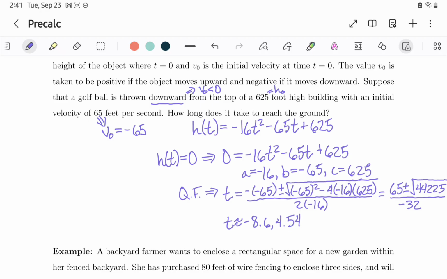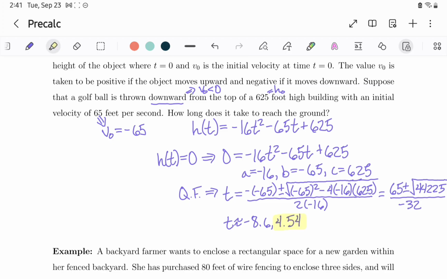And here, we do have two solutions. We have a negative one and we have a positive one, but we want to think, okay, we're being asked how long does it take to reach the ground? And here t is time since we've thrown the ball downward. And so we aren't really thinking that we are going to travel backwards in time, so we want to ignore the negative solution here and only focus on the positive solution.